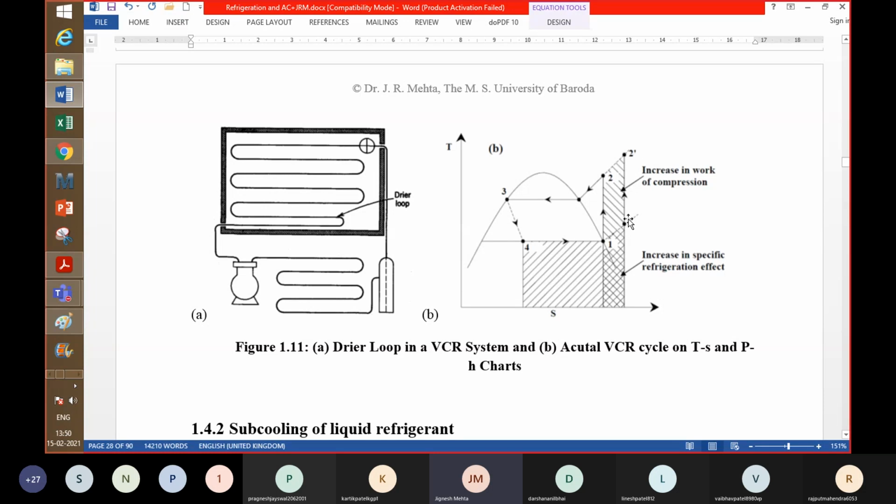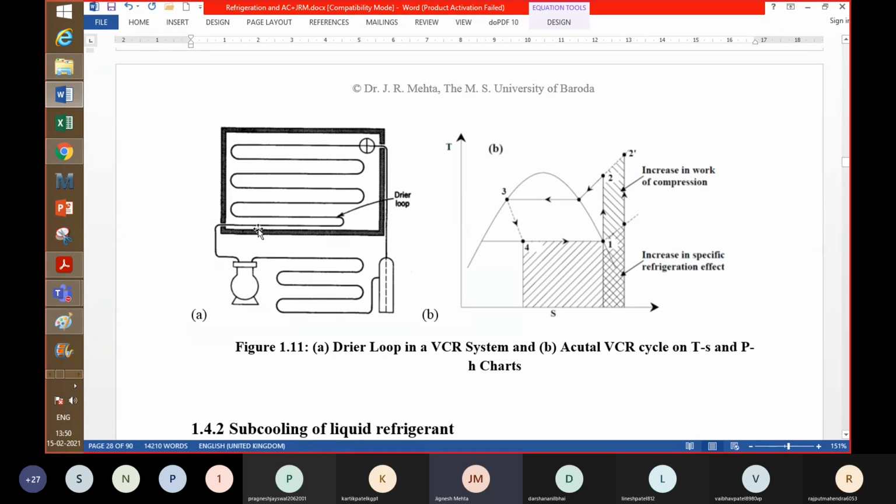Okay, so this is true only if the superheating occurs inside the refrigerated space. You are getting some cooling effect because of that. But there is also a limit to that, because you want to maintain a certain temperature here, right?